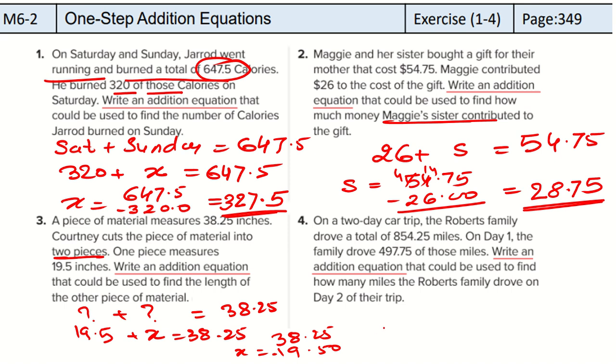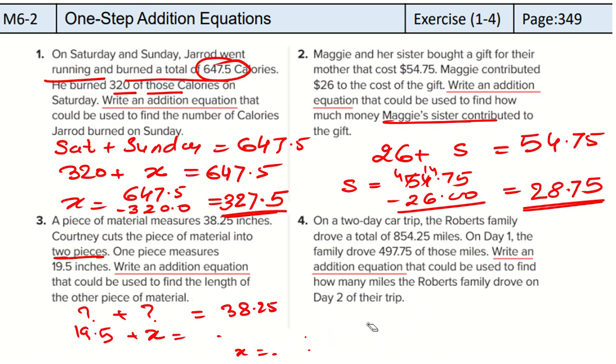So this will be 5 minus 0, 5, 2 minus 5 not possible. So take here 1, borrow here. It will become 12. 12 minus 5, 7. And then 7 minus 9 not possible. Borrow 1 from here, it becomes 17. So 17 minus 9, 8, and 2 minus 1. So 18.75 inches will be the length of the second piece.